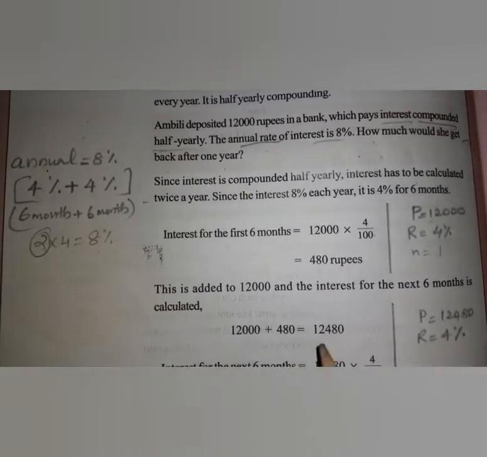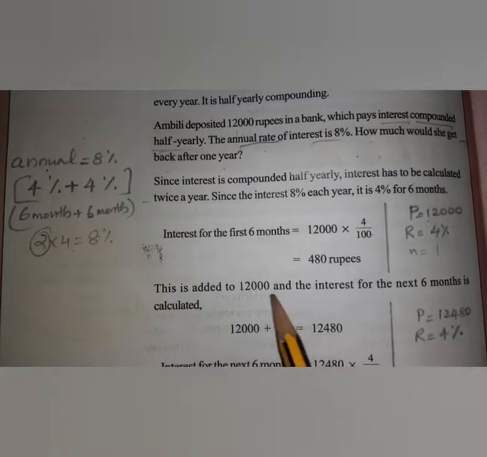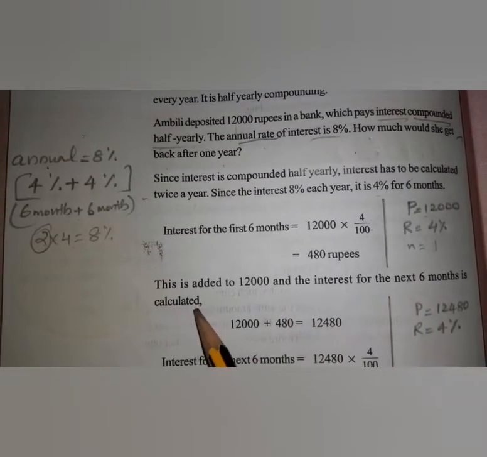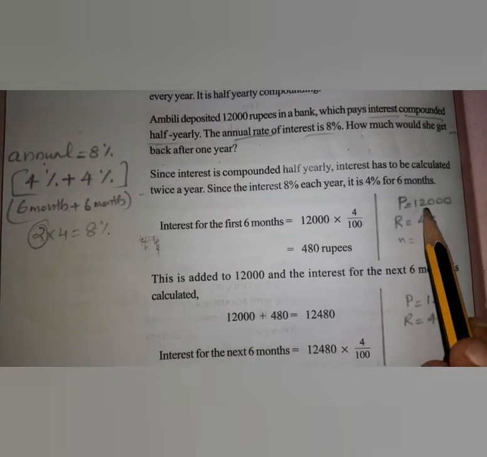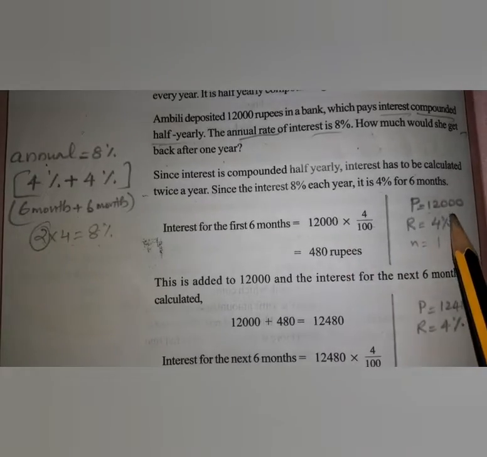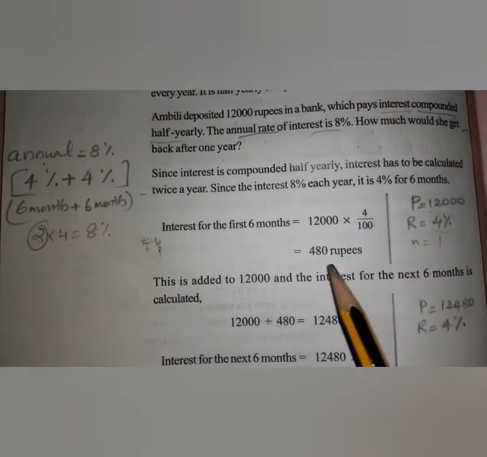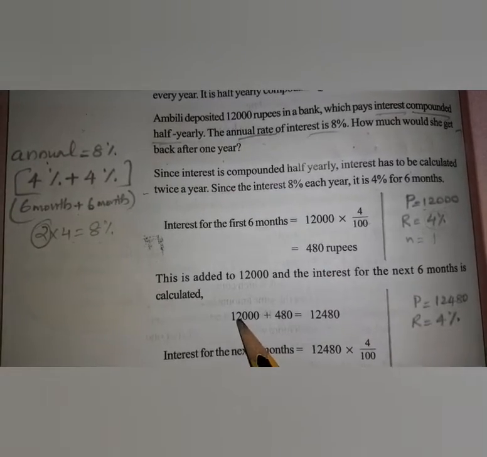Again, for the next 6 months, this is added to 12,000, and the interest for 6 months is calculated. That means in the first year, your deposit is 12,000. After 6 months you are getting an interest of 4%. The amount is 480. That 480 is added to the principal amount.